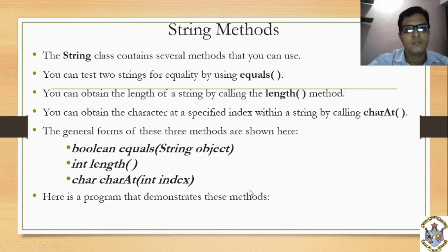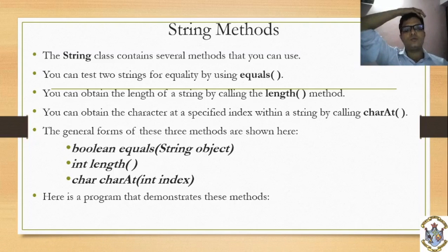Now string methods, this has been asked for 5 marks. Please give more attention to this. This is asked for 2 marks as well as 5 marks. The String class contains several methods that we are going to be using in our programs. If I want to compare two strings, then I am going to use the equals method.